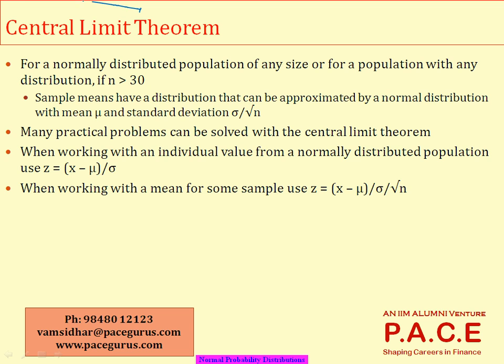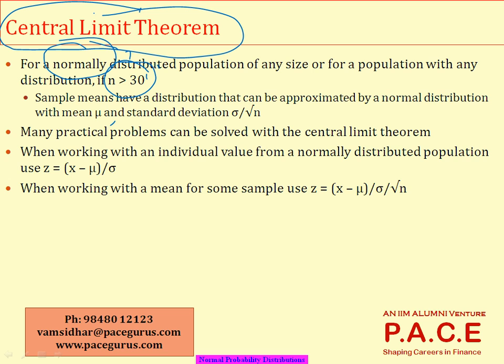All right. Now, this particular sampling distribution concept has brought into existence one of the key theorems in the world of statistics, called the central limit theorem. This is probably the heart of the estimation theory, which simply states: if the sample size is greater than 30, irrespective of whatever distribution we are talking of, irrespective of whatever shape the data is following, or if the distribution is a normal distribution.